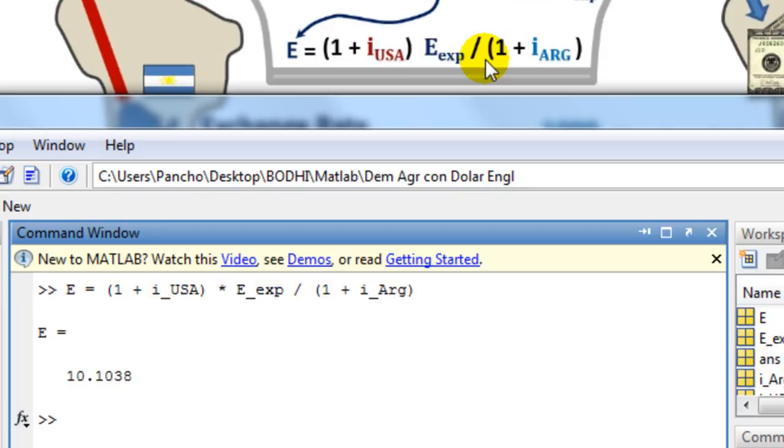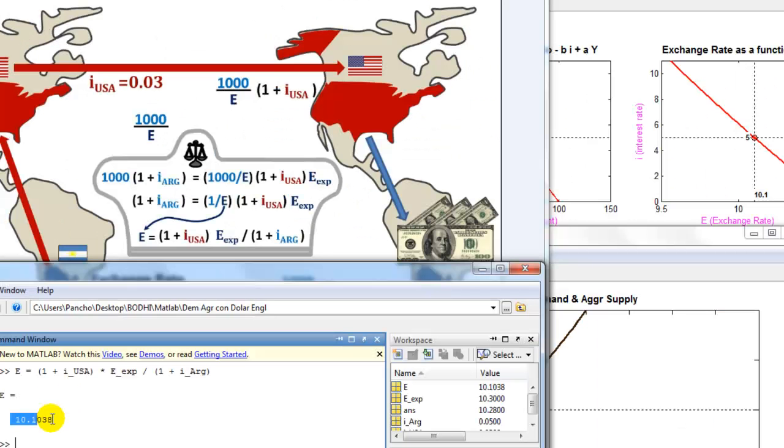So we get this value, 10.1. So this is the 10.1 rounded that we get here.